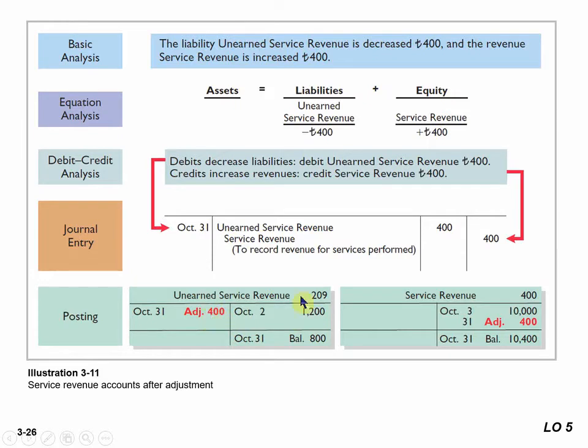So the balance of unearned revenue is 800. So next month we will provide service for the remaining balance that we did not provide service for yet, which is 800. Now the service revenue that we record from this amount, the 1,200, is only 400. This is the value of the service that we provided during the month of October.